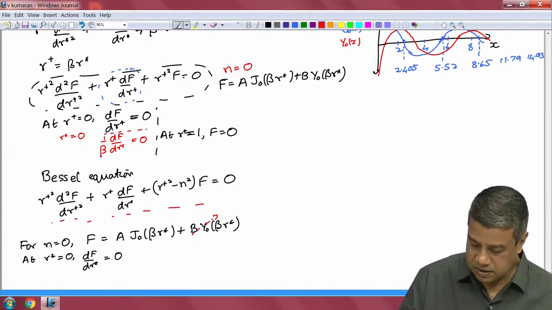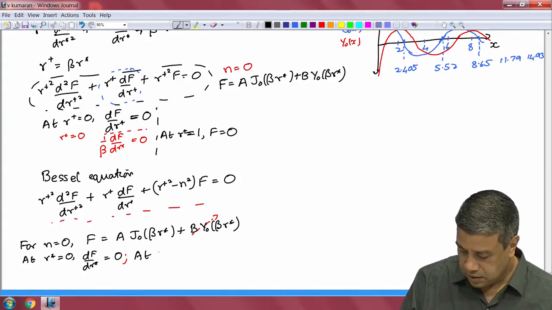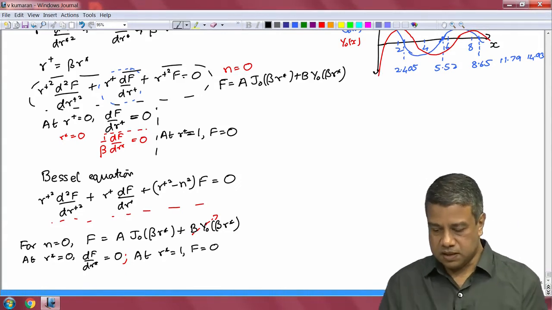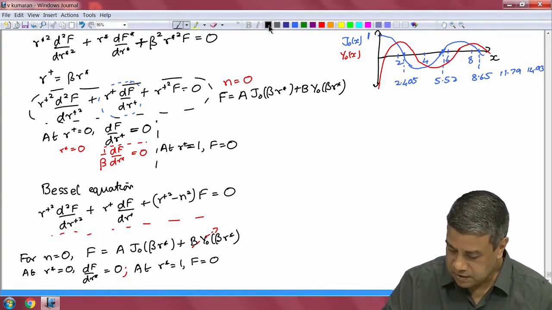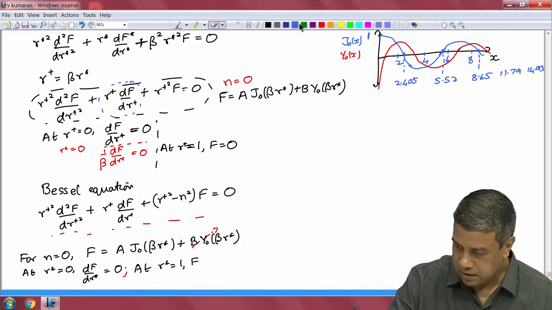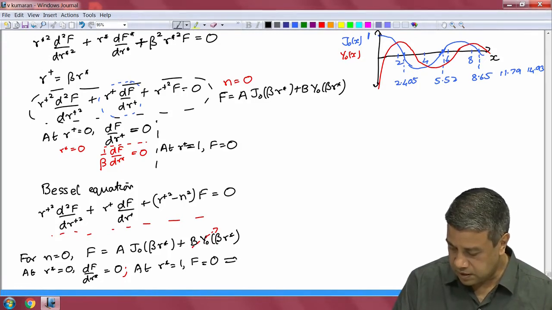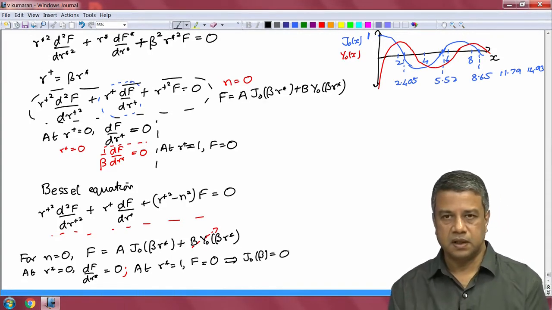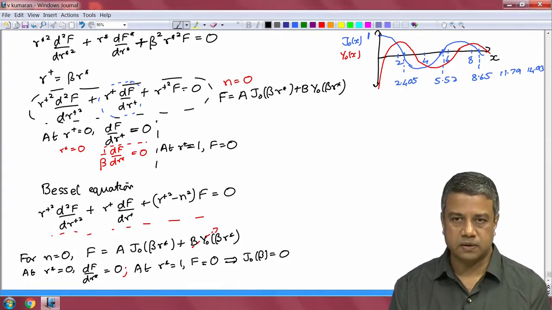The second boundary condition is that at r star equal to 1, f has to be equal to 0, which implies that J0 of beta has to be equal to 0.